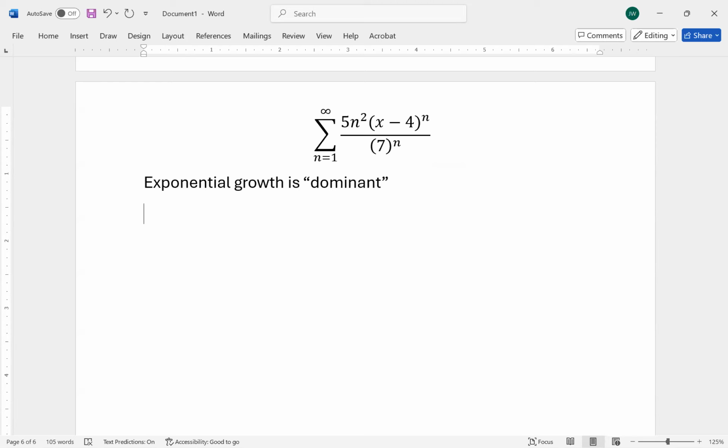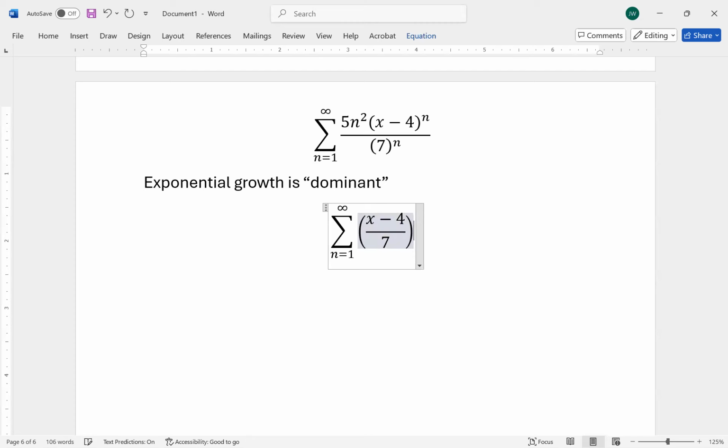The x minus 4 and the 7 to the nth power are both exponential, so I'm going to combine them into one summation. What I'm saying is the exponential growth is the dominant growth. So the interval of convergence is going to be determined by that type of growth.